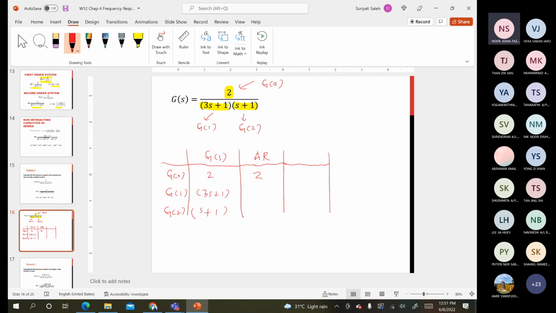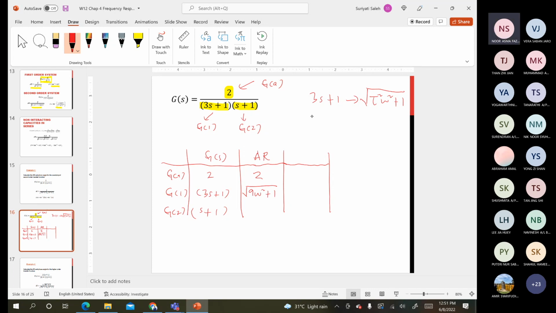For the 3s plus 1, since you have the form tau s plus 1, the equation should be the square root of tau square w square plus 1, where the tau for this case will be 3. 3 squared, you get 9. So that means in this case, it becomes the square root of 9w square plus 1.